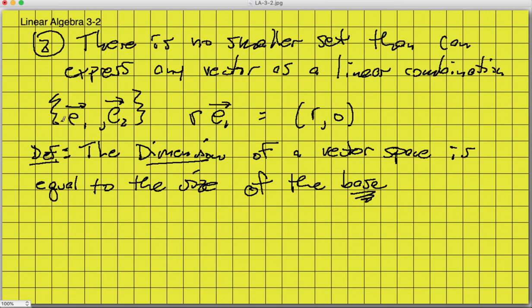So R2 has a basis of two vectors in it. Okay, so the dimension, and we would sometimes write it this way, we would just say the dimension of R2 is equal to 2. And it shouldn't surprise you that the dimension of R3 is equal to 3, and I think you can carry this on for higher dimensions. Okay, but there are a few other things that we need to say here.